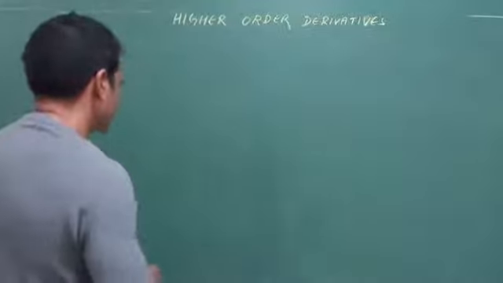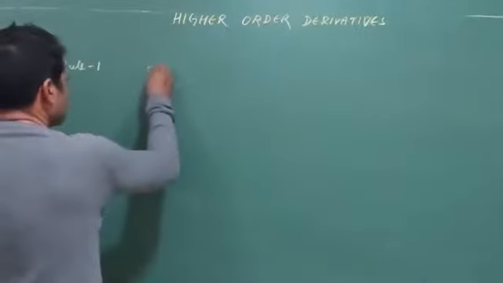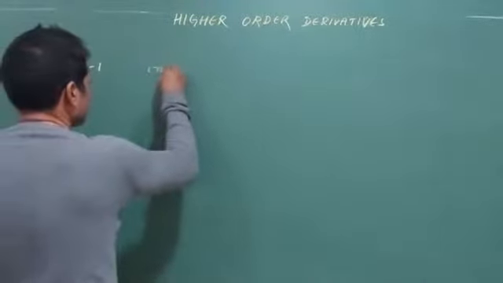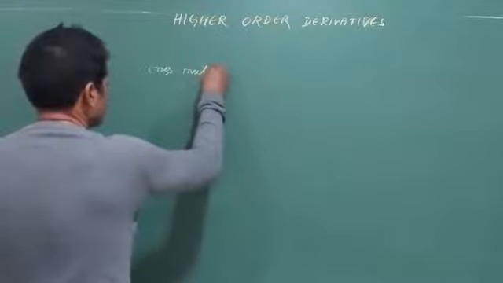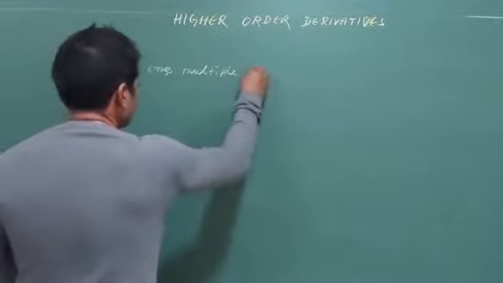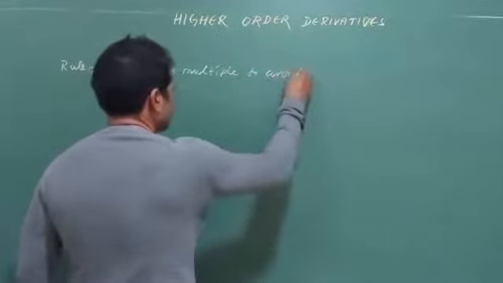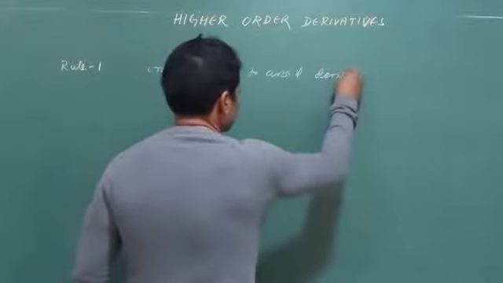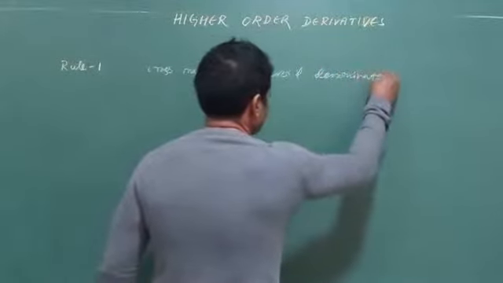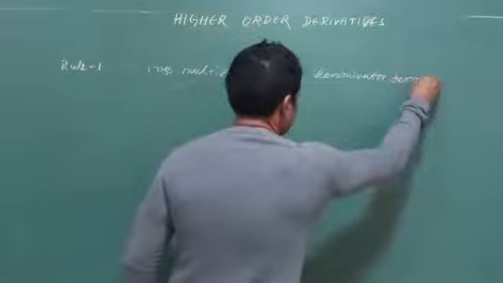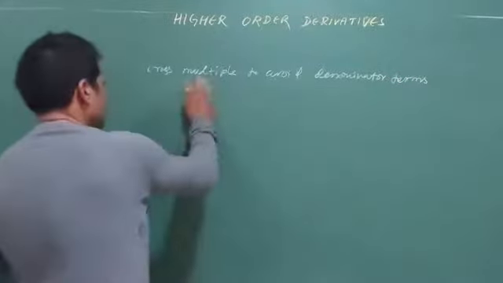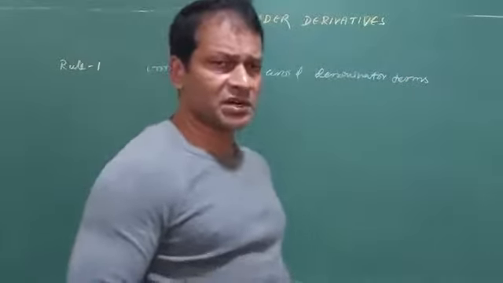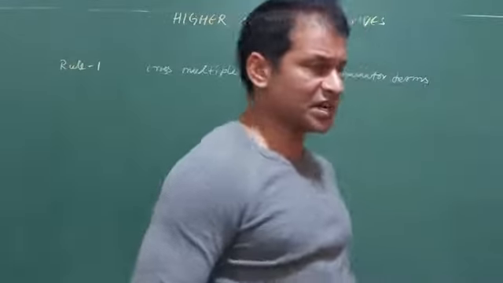Cross multiply. Multiply to avoid denominator terms, meaning you need to cross multiply to remove the denominator terms. When I come to questions, I can explain it.